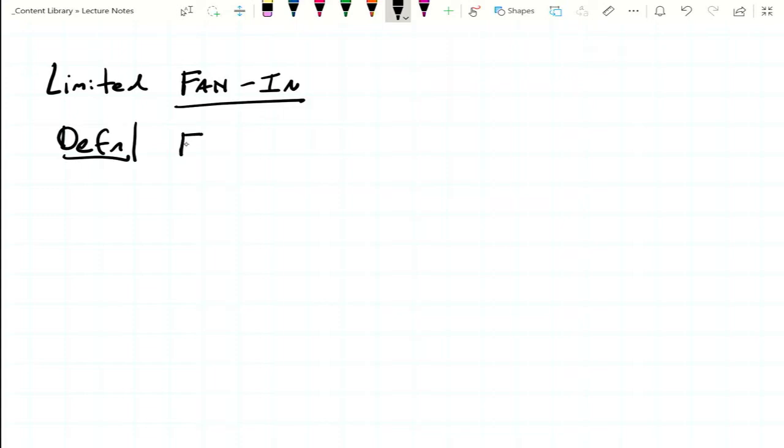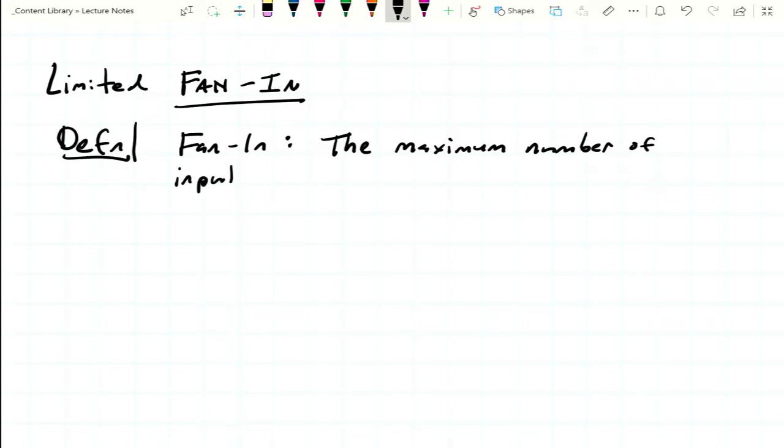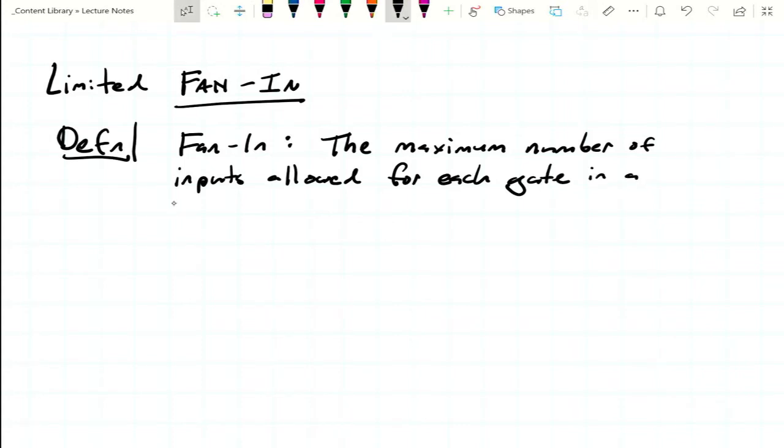Definition, fan-in: it's the maximum number of inputs allowed for each gate in a logic circuit. So fan-in is the maximum number of inputs allowed for each logic gate in a circuit.